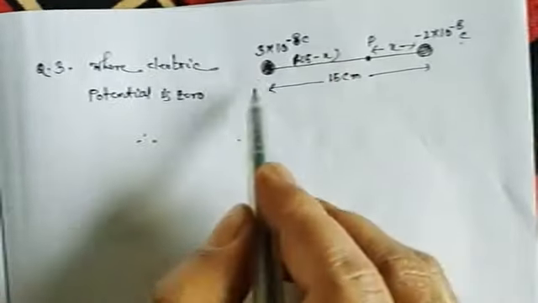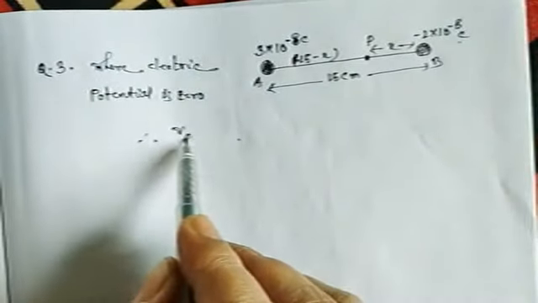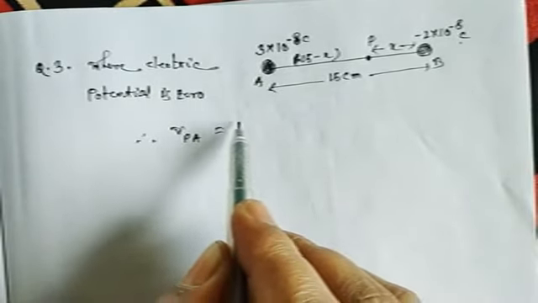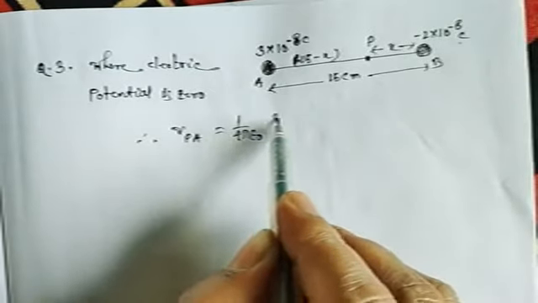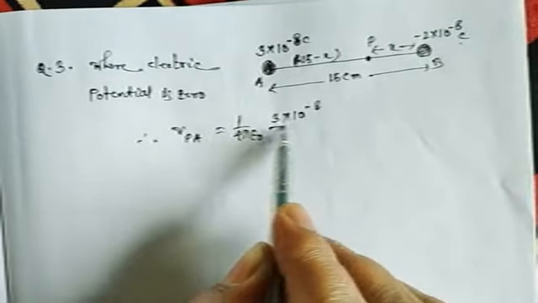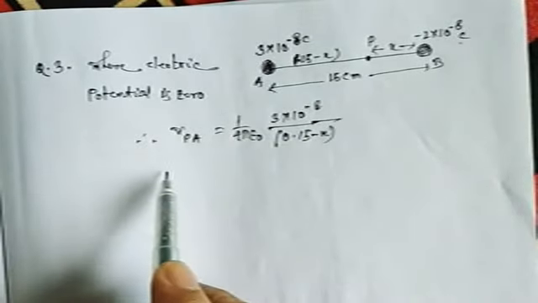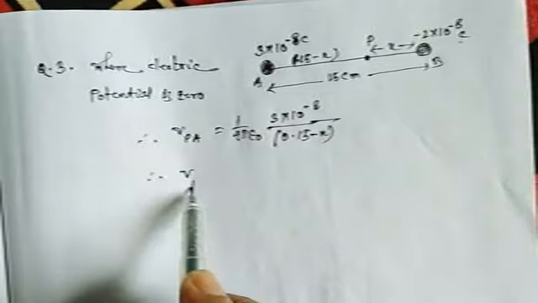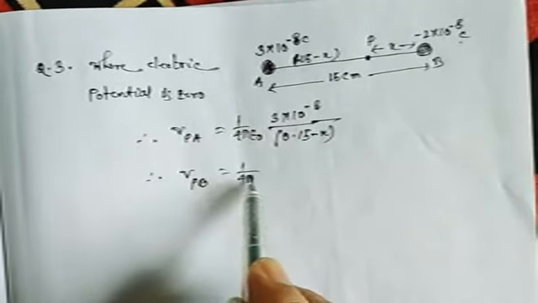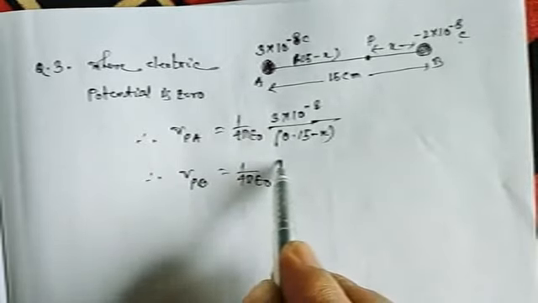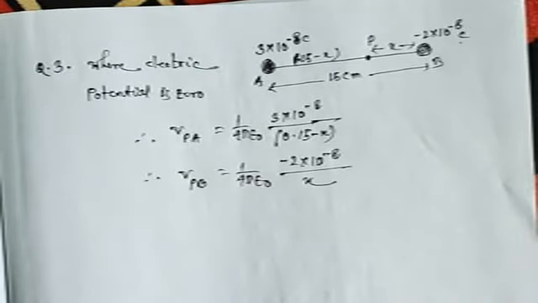Therefore, let us assume this is A, this is B. Therefore, VPA equals 1 by 4 pi epsilon naught into Q, meaning 3 into 10 to the power minus 8, by 0.15 minus x. This is VPA, and VPB equals 1 by 4 pi epsilon naught into minus 2 into 10 to the power minus 8 by x.